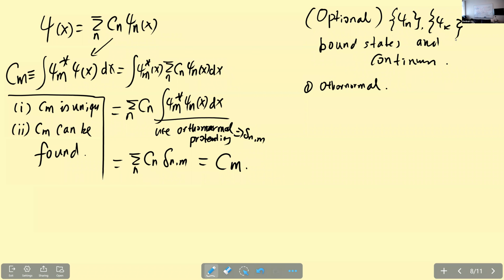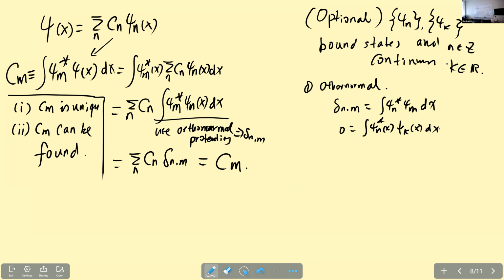So you have δ_mn equals the integral of ψ_m*ψ_n dx, and 0 equals the integral of ψ_m*(x) ψ_k(x) dx.